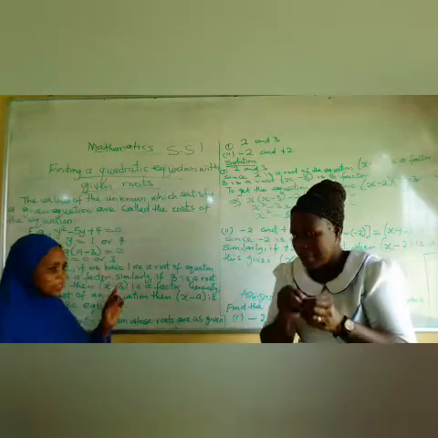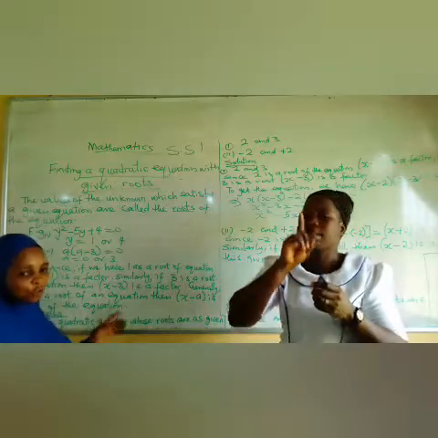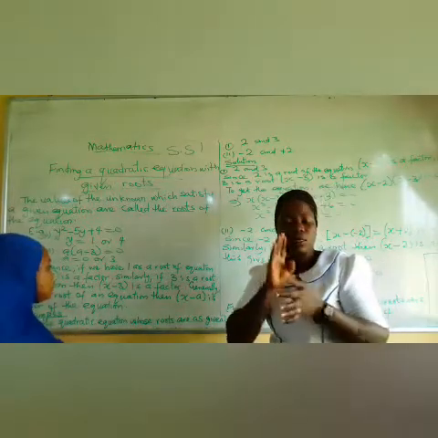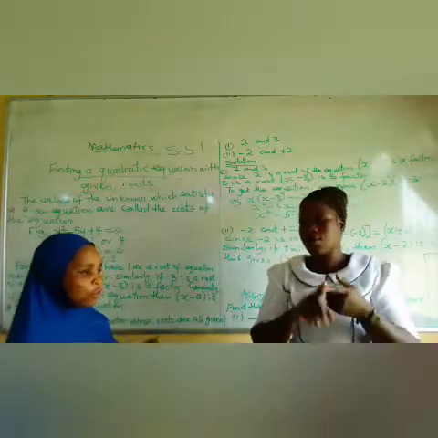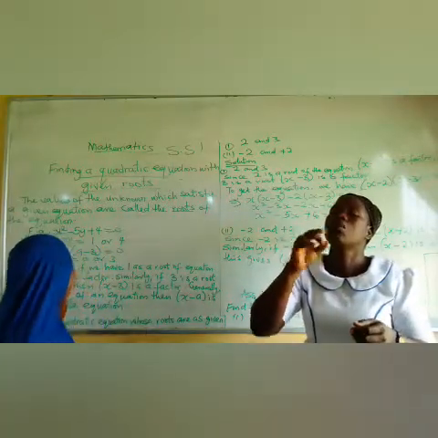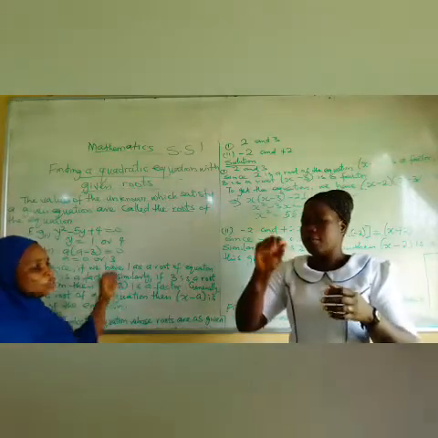Therefore, if 1 is a root, x minus 1 will be a factor of such an equation. If you are given 3 to be one of the roots of a given equation, the factor of that equation will be x minus 3.